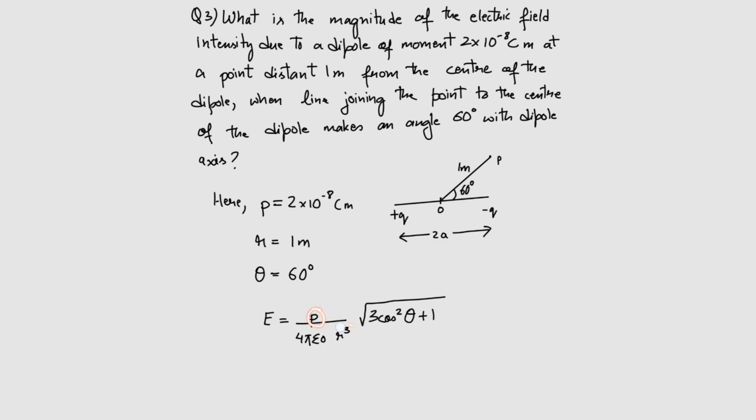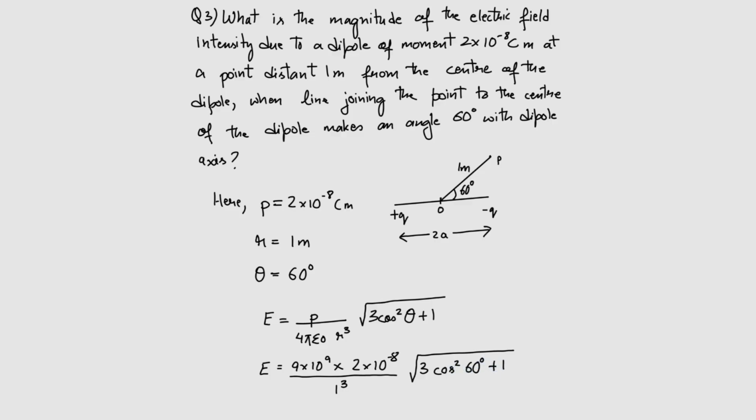The values of P, R and theta are given, so we can directly substitute. So E is equal to 9 into 10 power 9 into P, which is 2 into 10 power minus 8, and then divided by R cube, which is 1 cube, root over 3 cos square theta, where theta is 60 degrees, plus 1.